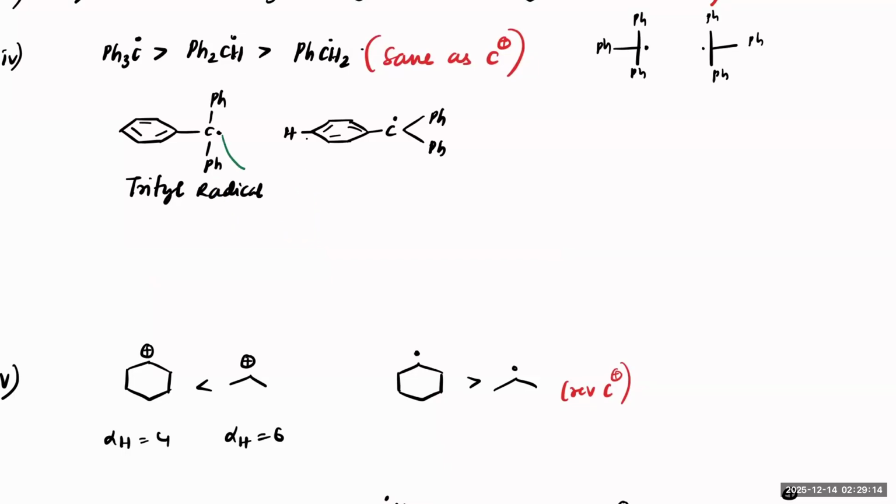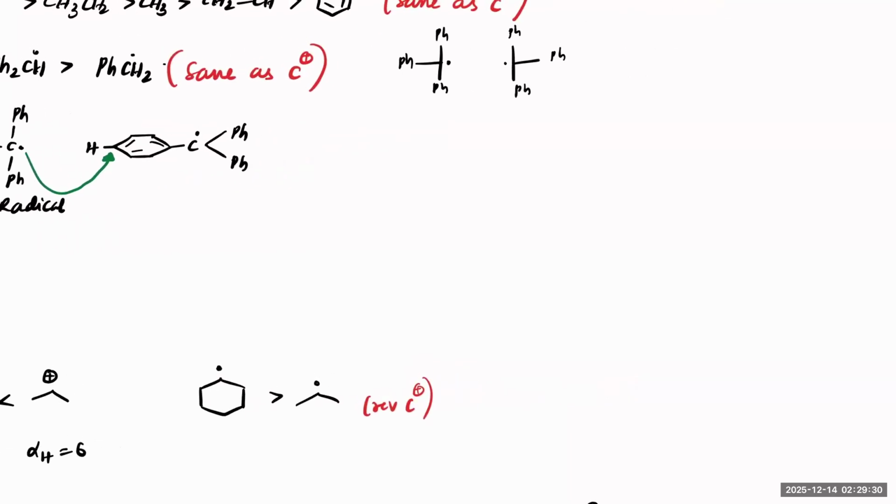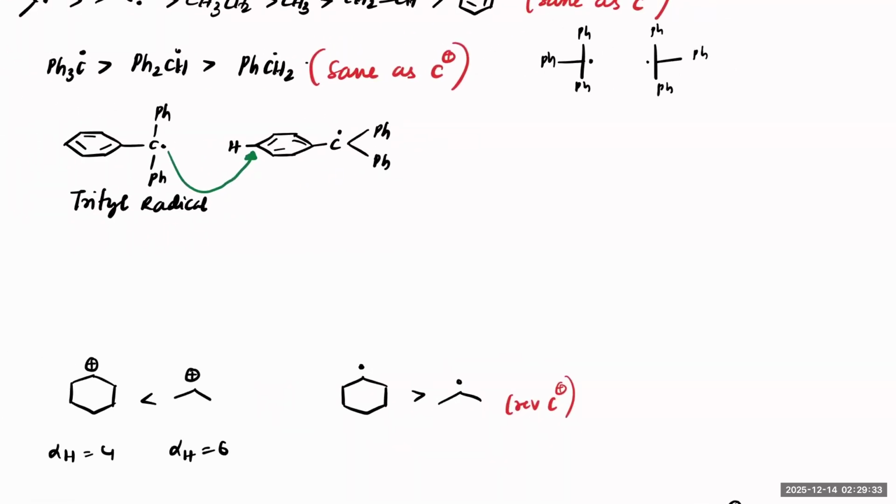So this C dot will connect onto the bond here. Okay. So that means it will break the carbon-hydrogen bond and eat away that H dot. Okay. So what is this? What is that form you can get? You will get this as benzene with carbon and having two phenyl groups here.